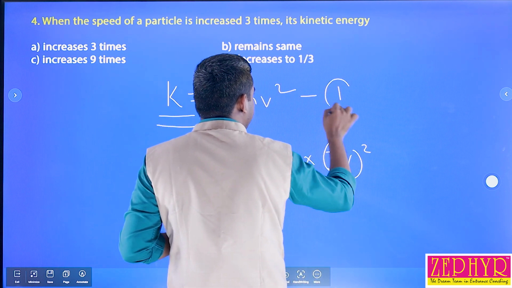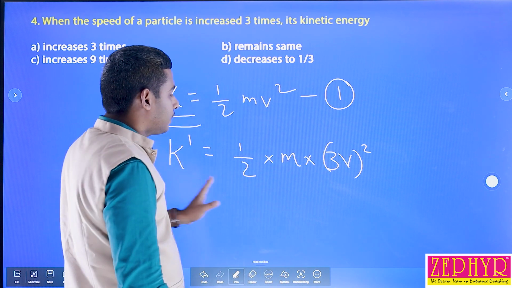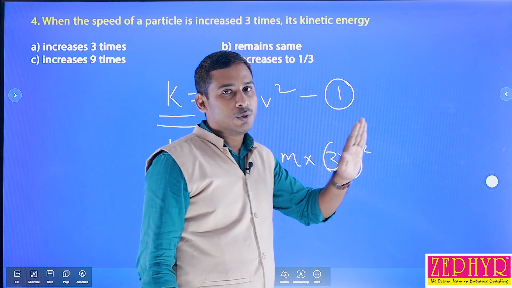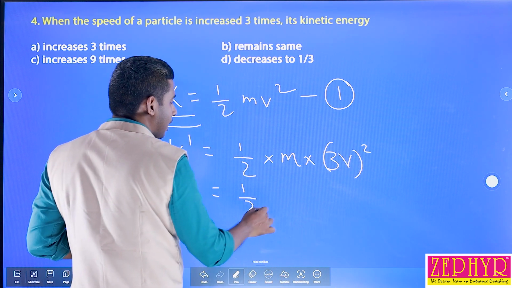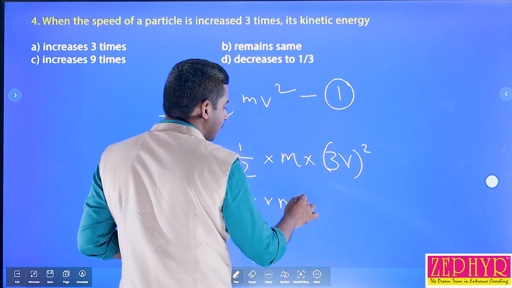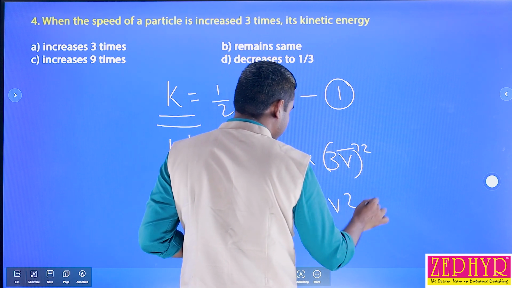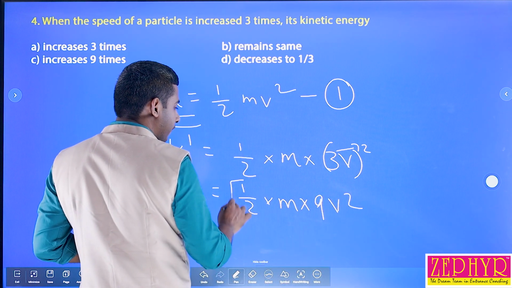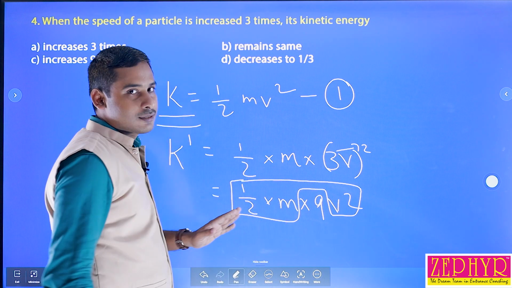The first equation put as 1, the second equation you can put like K dash, that will be half into m into 3v the whole square. Dear students, that becomes half into m into the square of 3, that means 9, then v square. Then half m v square you can take as a single term.